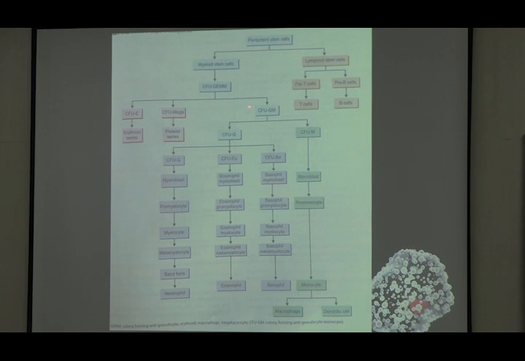Okay, so we want neutrophil. From here neutrophil will come. Again these will be divided into granulocytes and monocytes. Now they will differentiate into granulocyte, neutrophil.